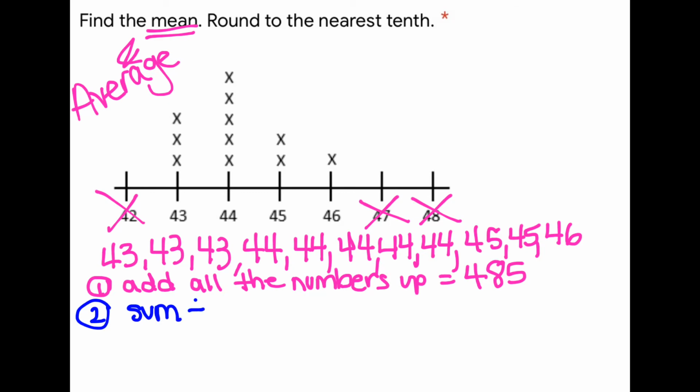Step 2 is you take your sum and you divide it by how many numbers are in the data set.